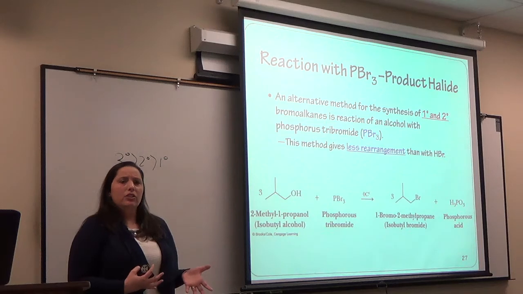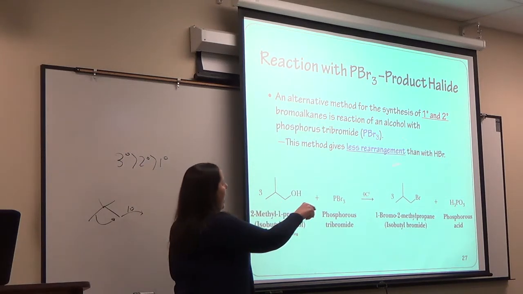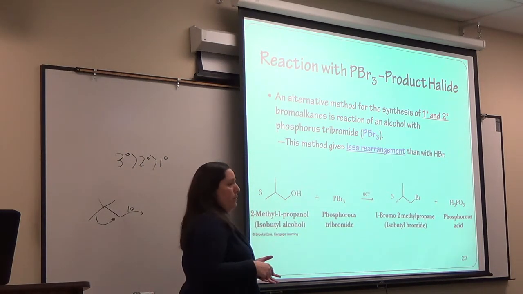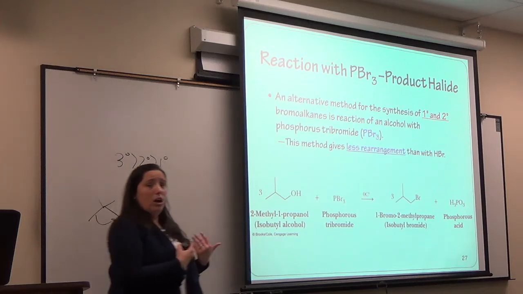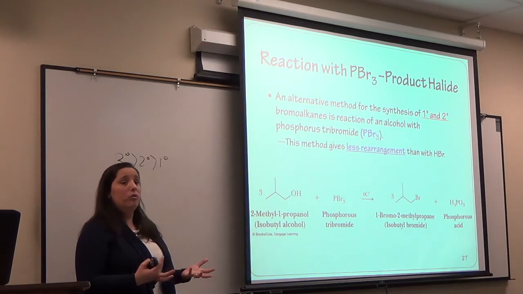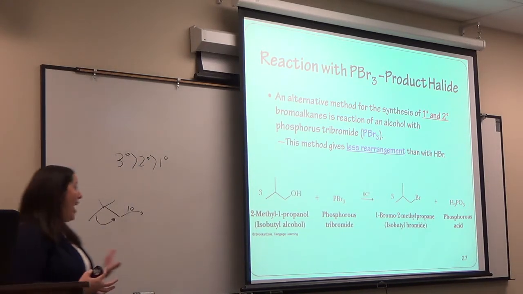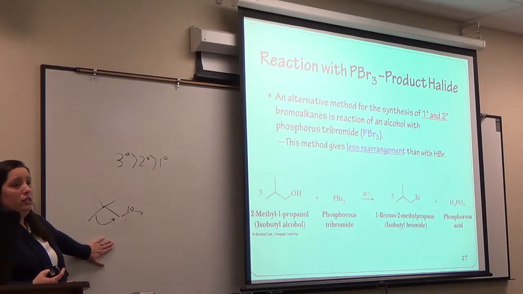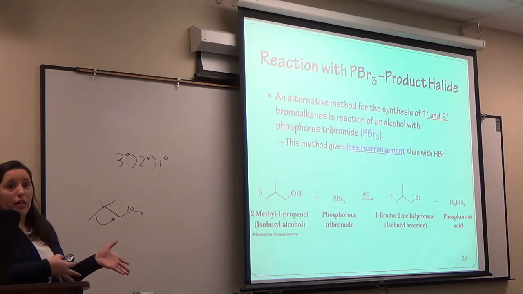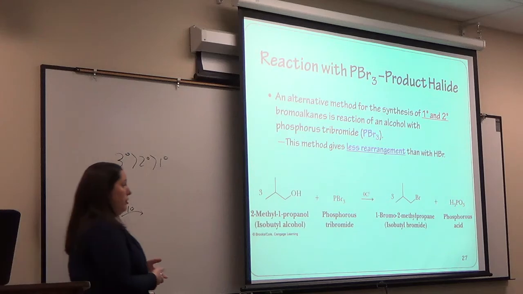The advantage here is that you do not have as much rearrangement. The mechanism we just talked about is going to lead to a rearrangement every time. With PBr3, you do not have the rearrangement.